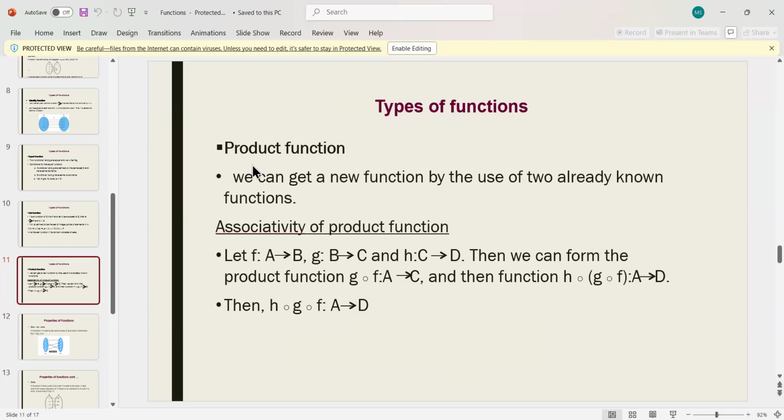Here types of functions, product function. We can get a new function by the use of two already known functions. Associativity of product function.